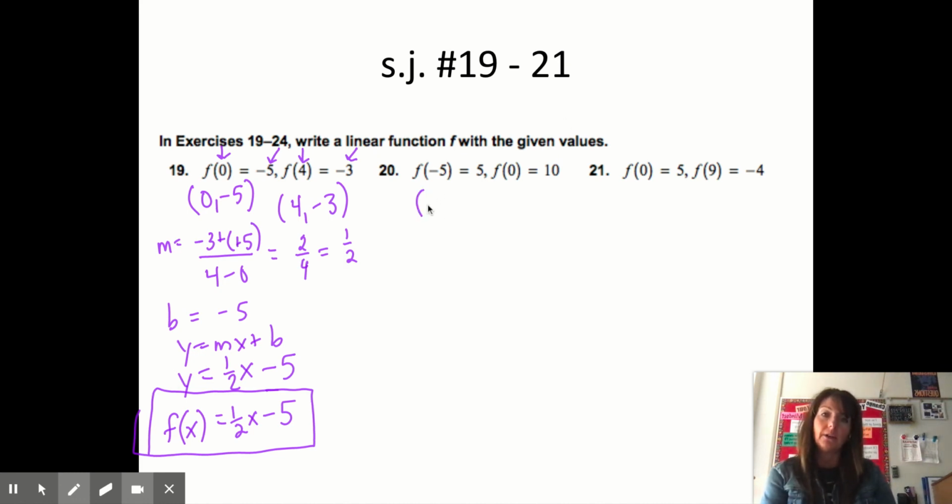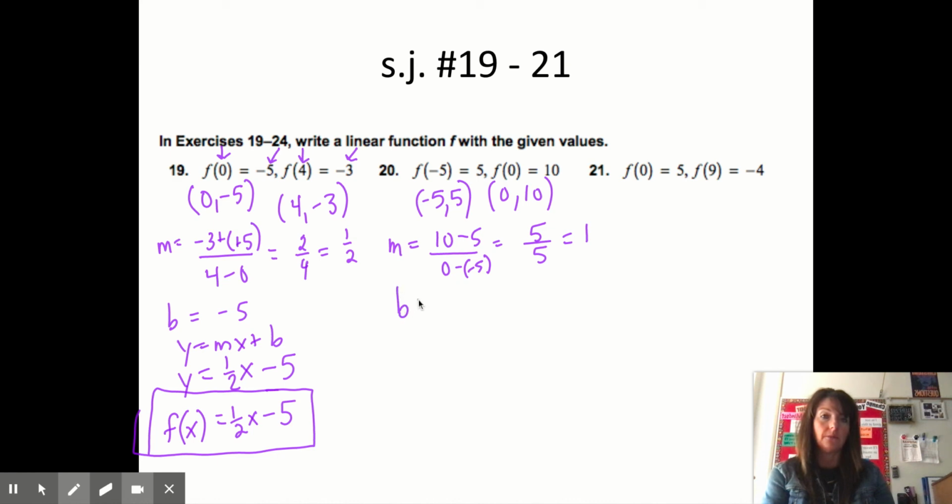You have an x value of -5 with a y value of 5. You have an x value of 0 and a y value of 10. Calculate your slope. So 5 over 5 is equal to 1.